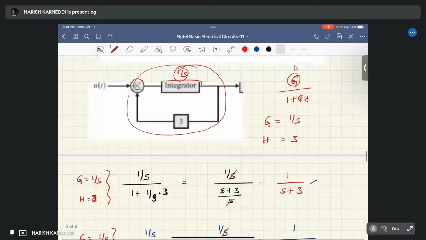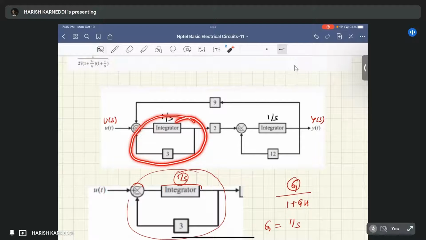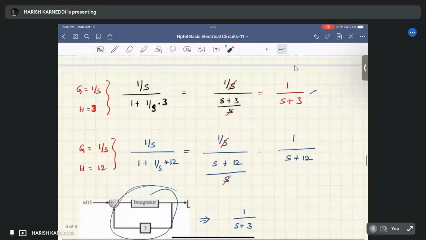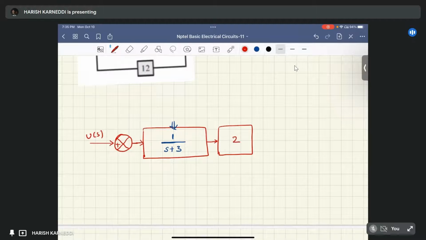Okay. After this loop, it is connected to a gain block having gain 2. It means the next is gain 2.